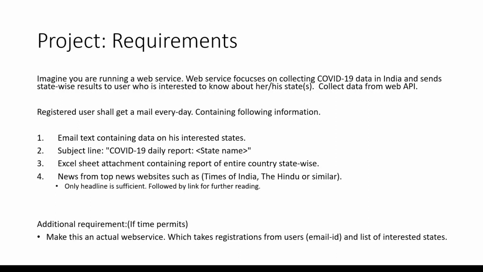From that HTML text, maybe we will use libraries like Beautiful Soup or Pandas or whatever is available. We will try to extract some data, like news headlines. We will get the headlines, and then filter for COVID specific headlines, and that is mostly a string processing job.